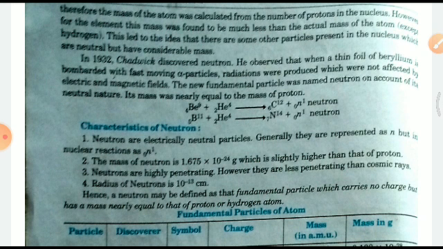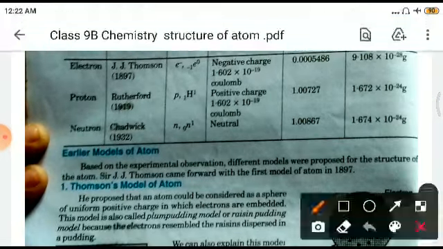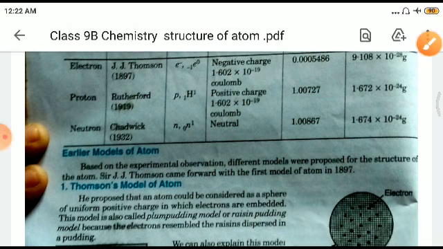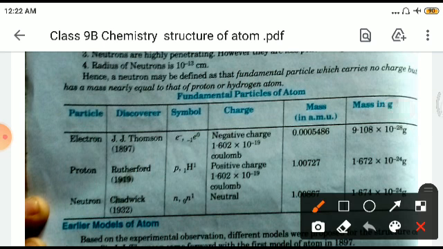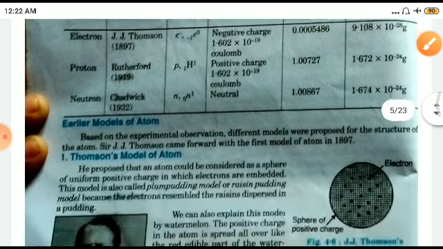Neutron had high penetrating power, radius 10 to the power minus 12 centimeter. Hence, neutron may be defined as a fundamental particle which carries no charge but a mass nearly equal to that of proton, right? So, children, if you analyze this chart here, you will be getting all the desired data regarding electron, proton, and neutron.